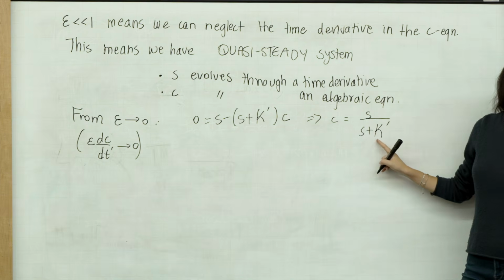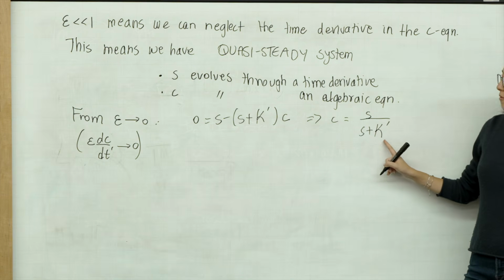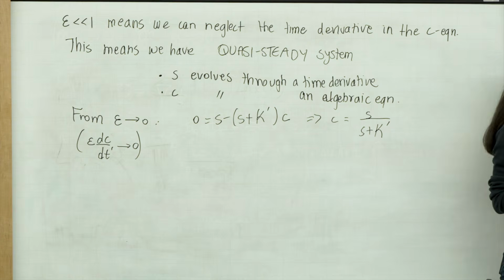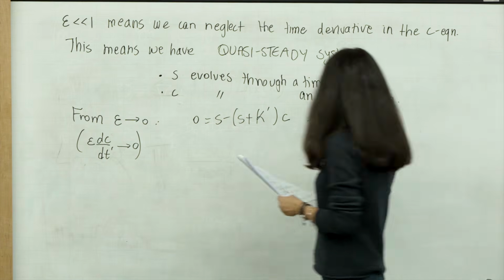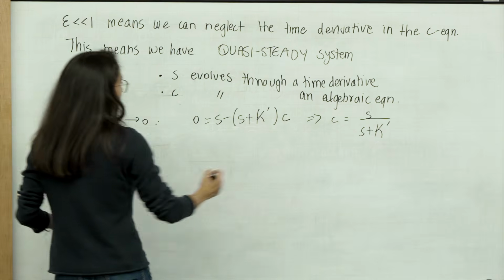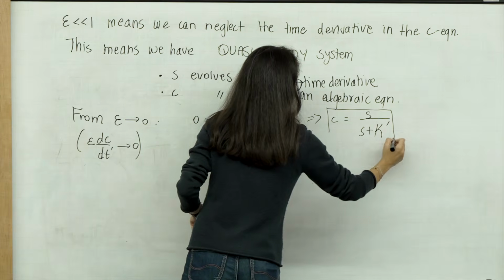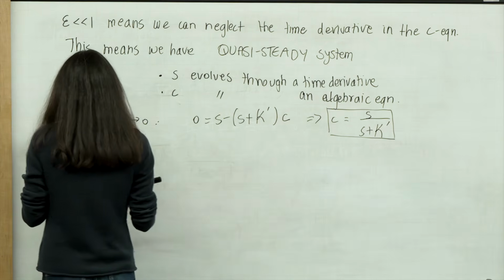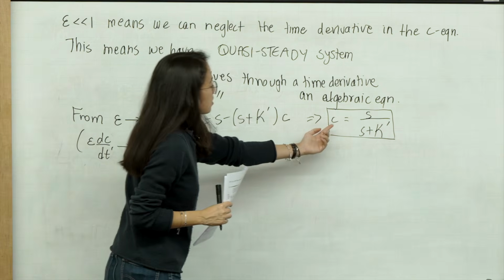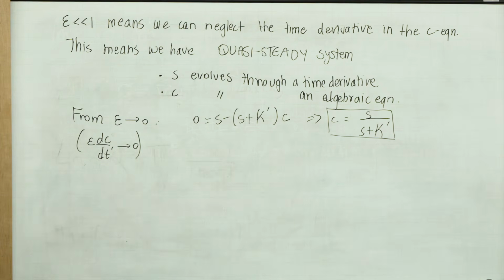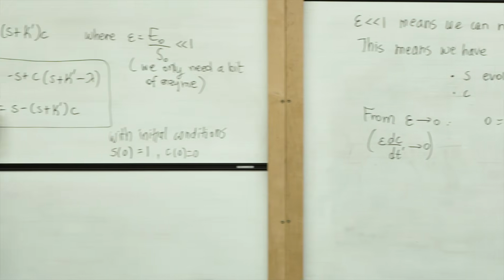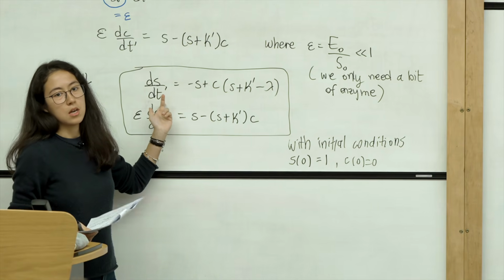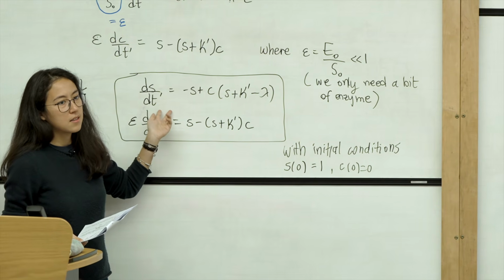This is just, if you remember, a sum of the two reactions divided by the other reaction rate. So it's just a constant, this K prime. All right, so this is an important part of the solution. And then now I will just take this C that I solved for, and I will plug it in here. That will leave me an equation for ds dt that just depends on the substrate concentration S. I got rid of the C, right?